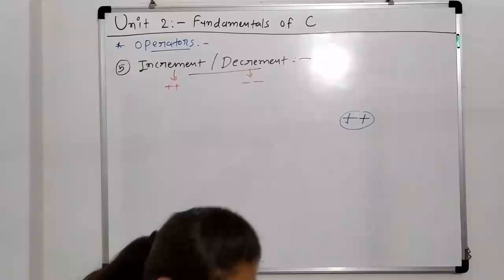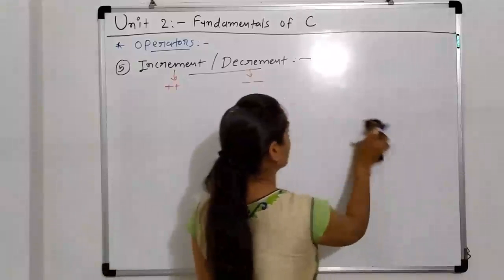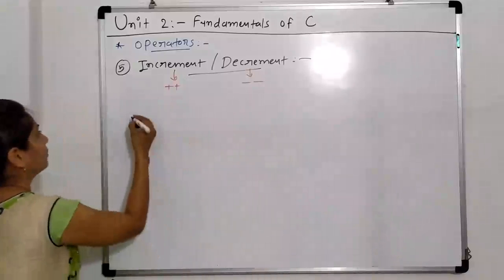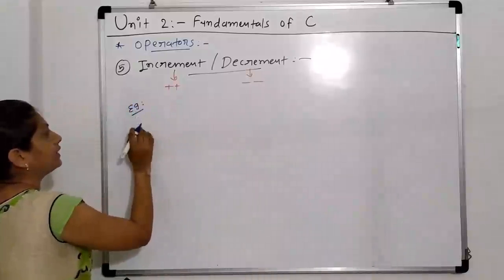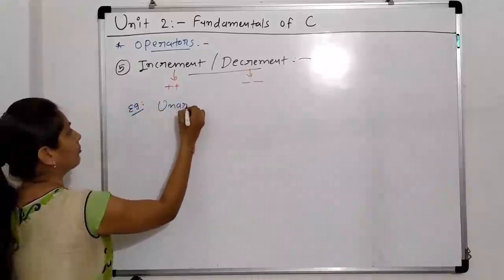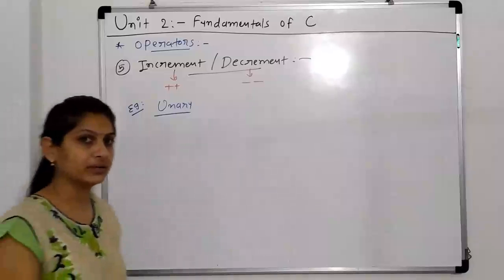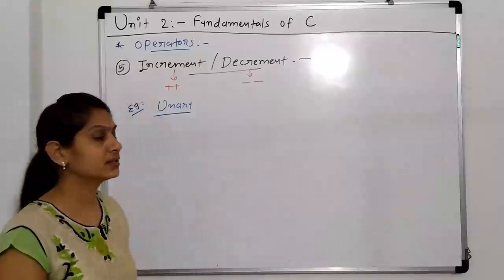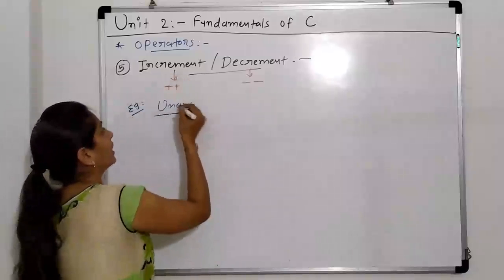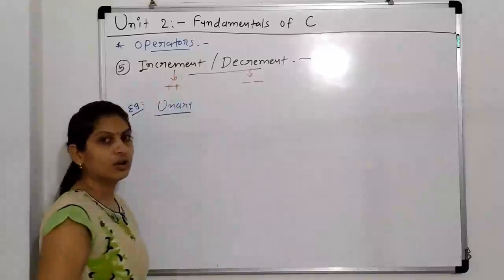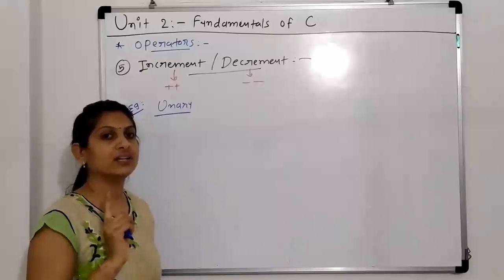Clear? Now what is the meaning of the increment operator? First, it is known as a unary operator. Why unary operator? Because on one side of the operator, the variable is there.